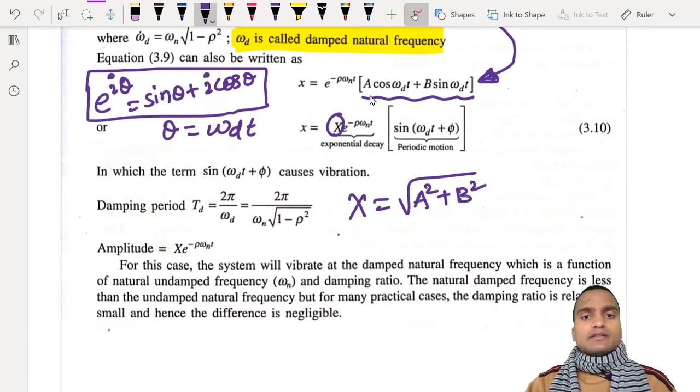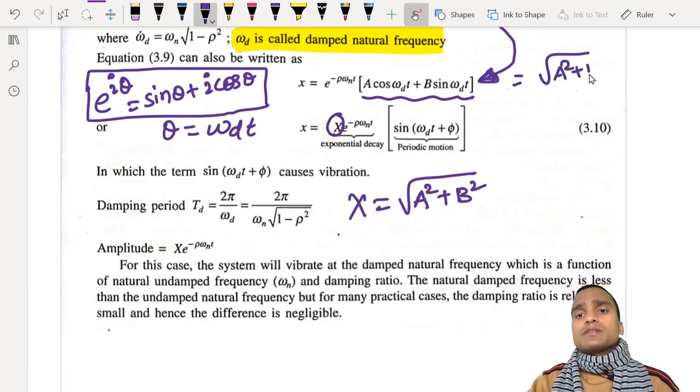It is a simple trigonometric transformation: a cos theta plus b sin theta equals root under a square plus b square into sin theta plus phi. And the phi value can also be derived.